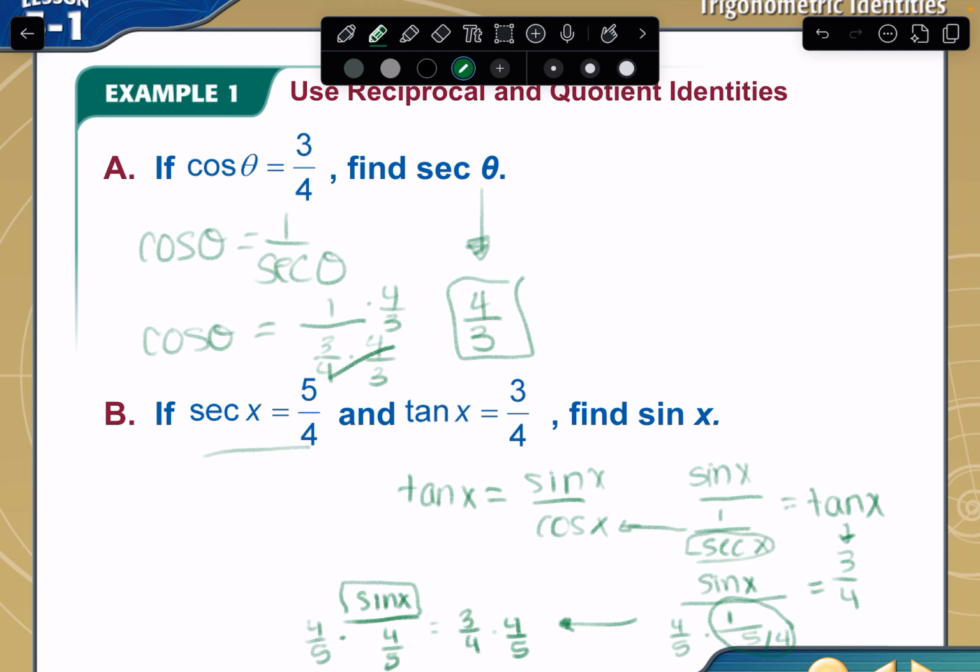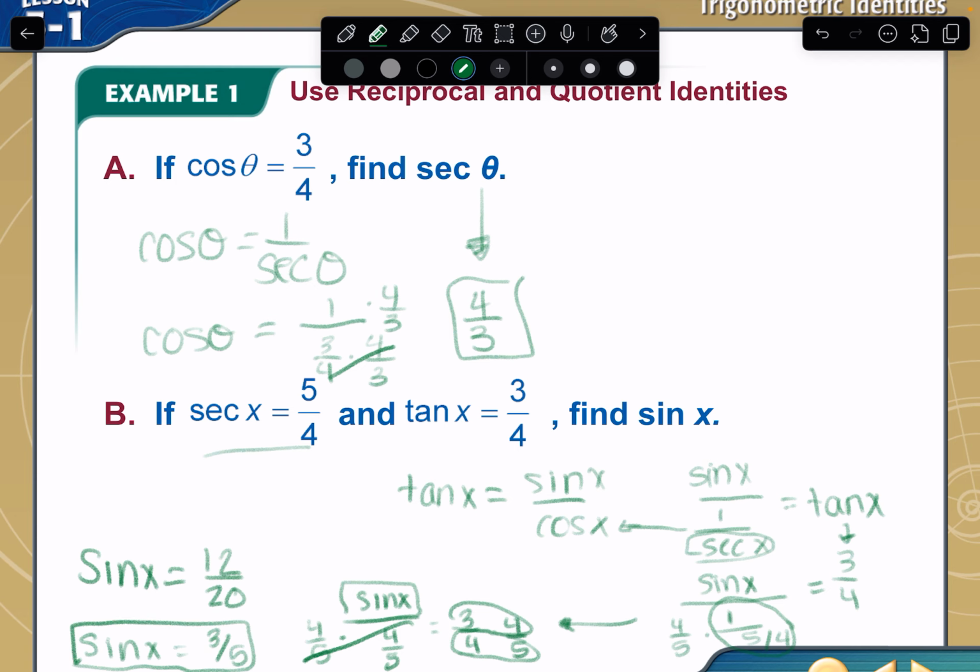Since it's not dividing, I'm just multiplying it over. So when I do that, remember when you're multiplying fractions, I'm multiplying numerators and then multiplying denominators. So I would end up with sine x is equal to 12 over 20. If you can simplify them, simplify them. We know both of those are divisible by 4, so I would be able to simplify this further to 3/5.